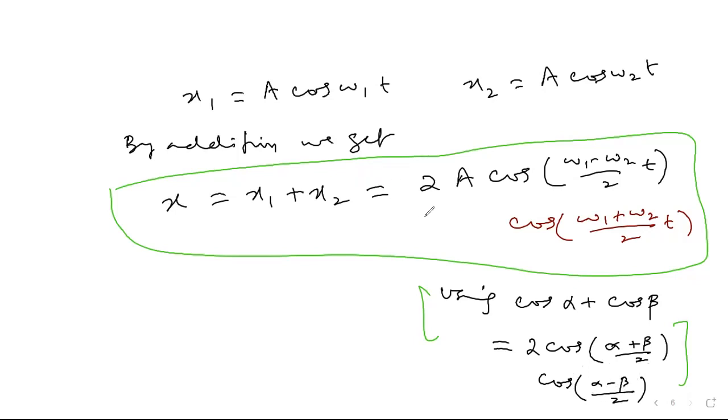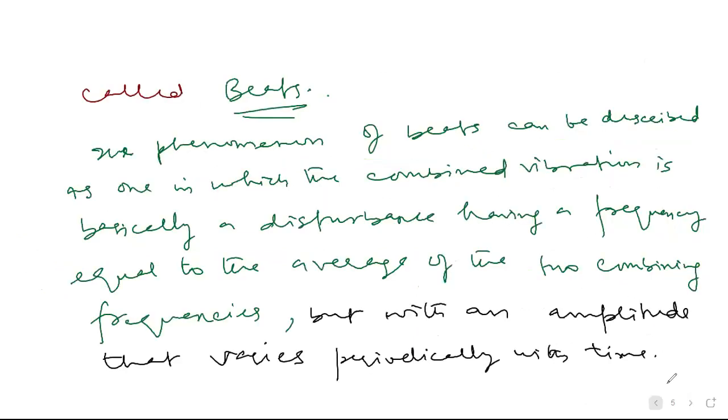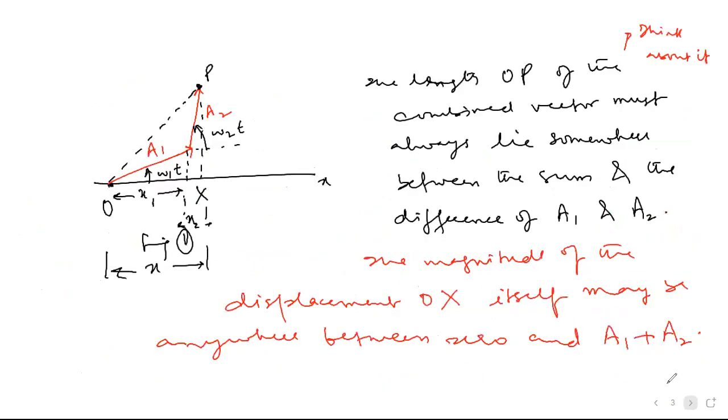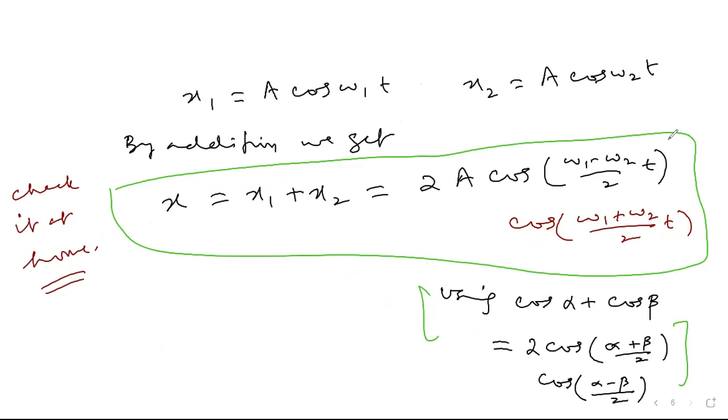When we do that, we get our result as 2a cos (omega 1 minus omega 2) over 2 times t, and cos of (omega 1 plus omega 2) over 2 times t. Check this at home. This is your assignment. You have to simply use this trigonometric identity to arrive at this result. So let me name it second. This is my second equation.